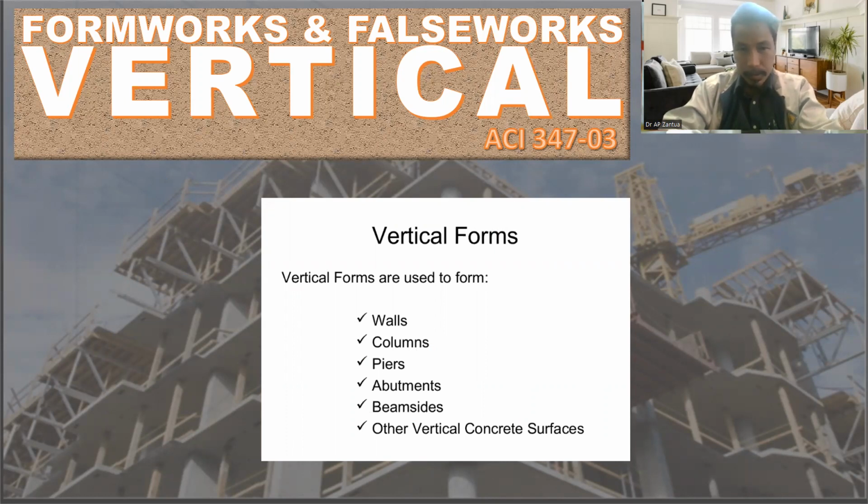So vertical forms are actually for walls, columns, piers, abutments, beam sides, and other vertical concrete surfaces. So we are actually using what? ACI 347 series of 2003. That is our standard.